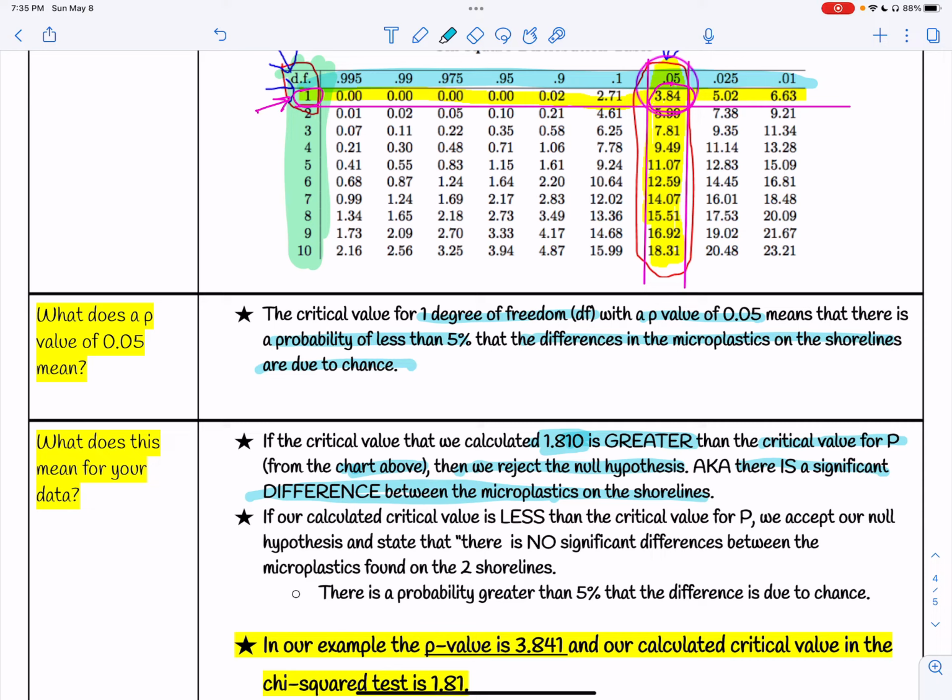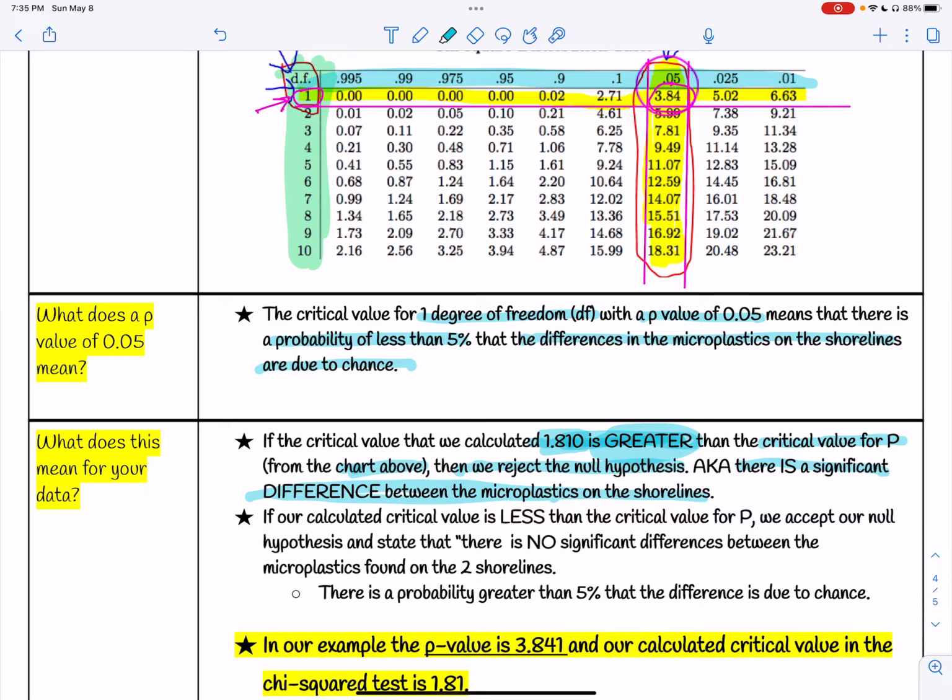Okay, so let me read that again. If the critical value that we calculated, 1.810, is greater, which it is not, than the critical value from the P chart, then we can reject the null hypothesis and ultimately accept the alternative. Rejecting the null hypothesis, which says that there is no difference between the amount of microplastics on different shorelines, means we're saying that there actually is a significant difference.